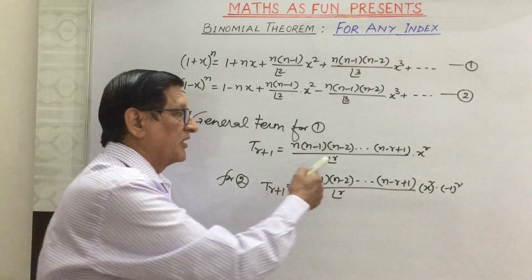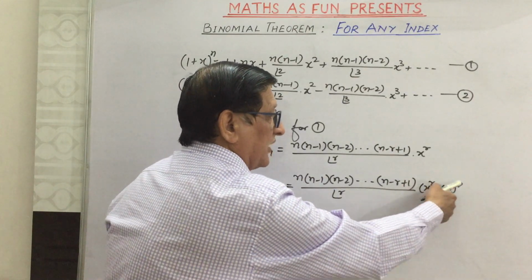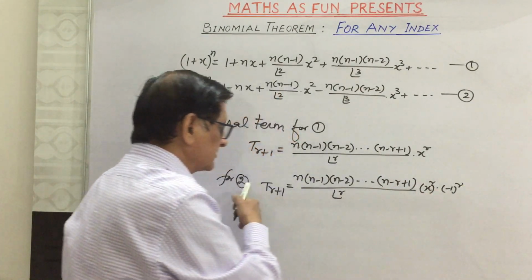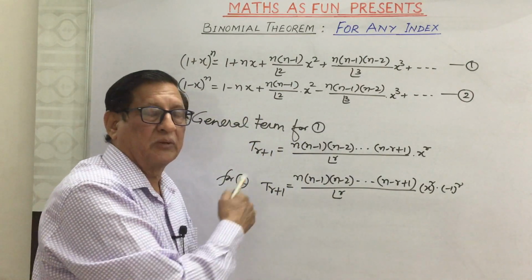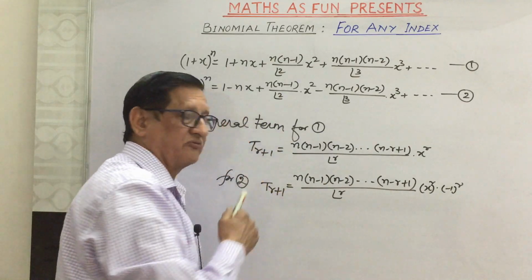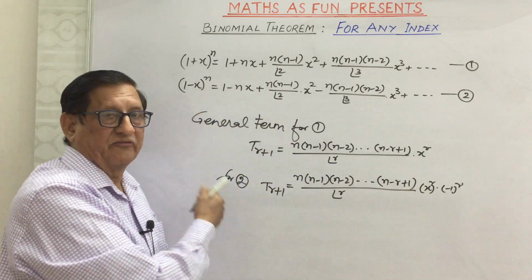That is because it is (-x)^r, or we can write x^r into (-1)^r. This r will tell us whether this is a negative term or a positive term. If r is even, this will be positive. If r is odd, then it will be a negative term.